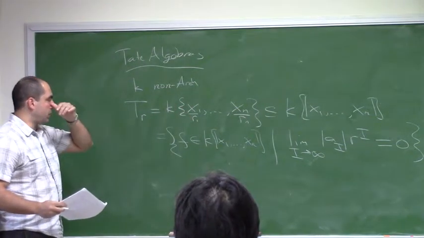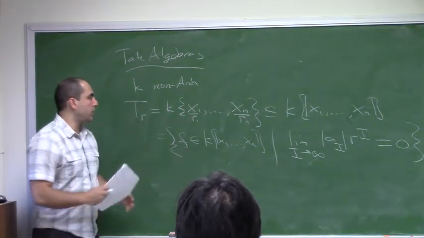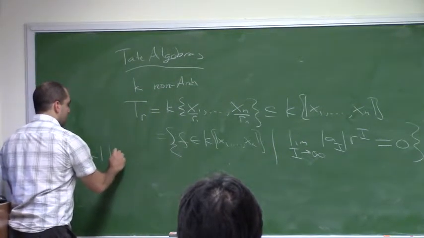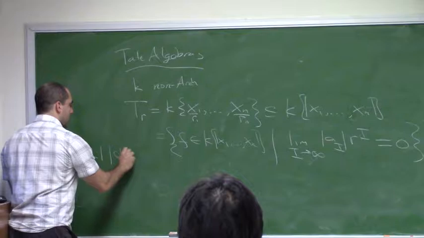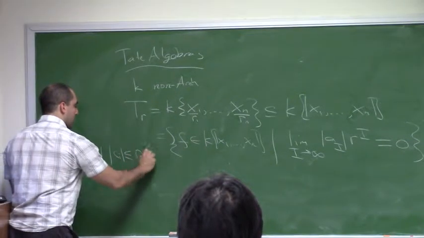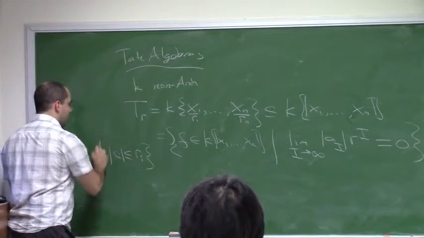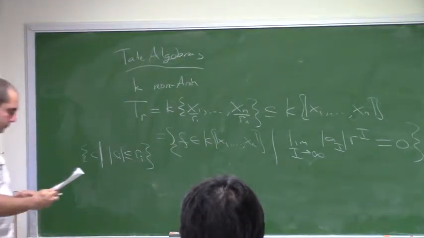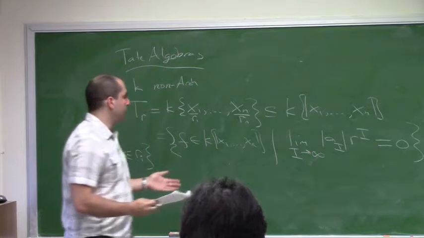So these are really the functions that converge at every point of this disk. So this is actually a Banach algebra.